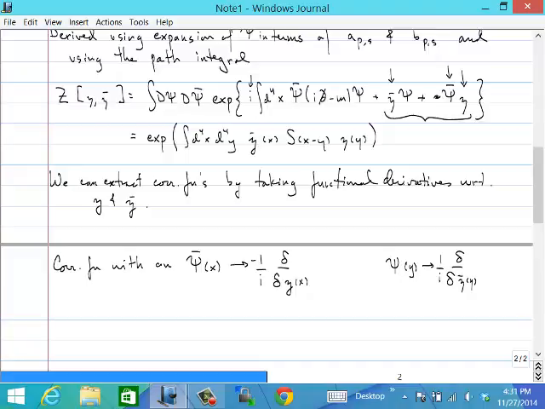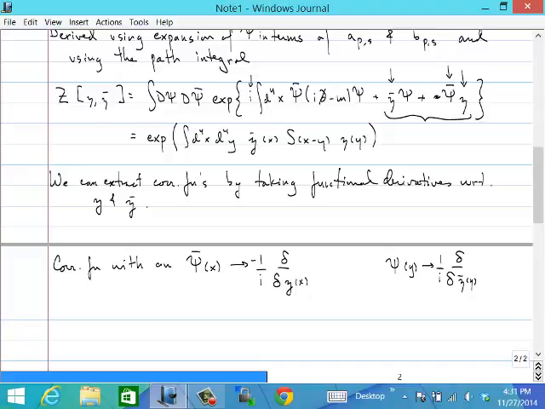So the notation that I would like to use is, first let's consider the position space Feynman rules. Let's say that we're interested in computing a correlation function.